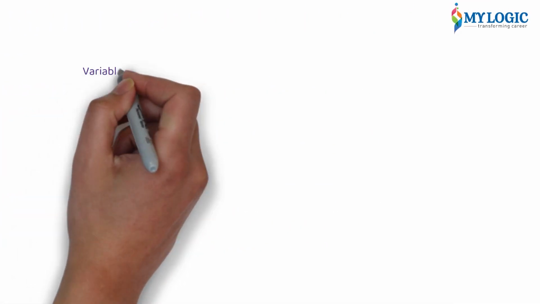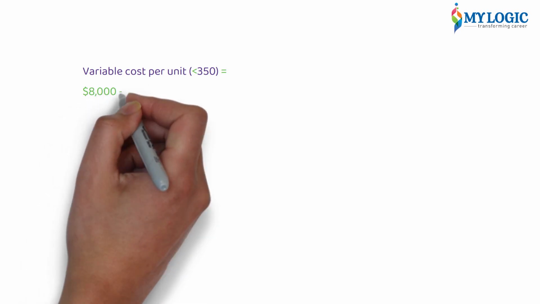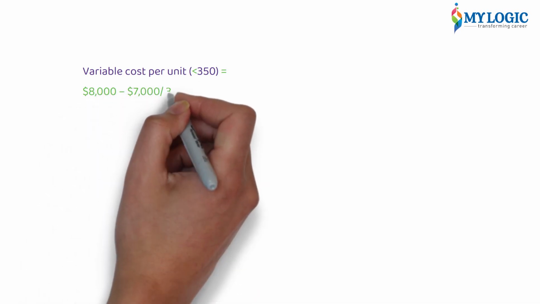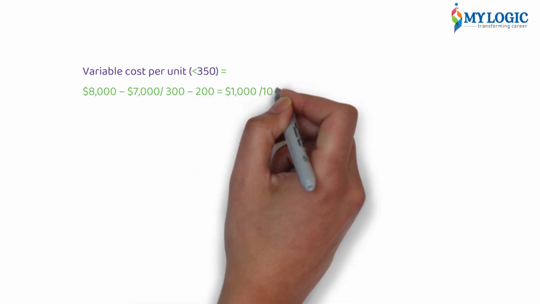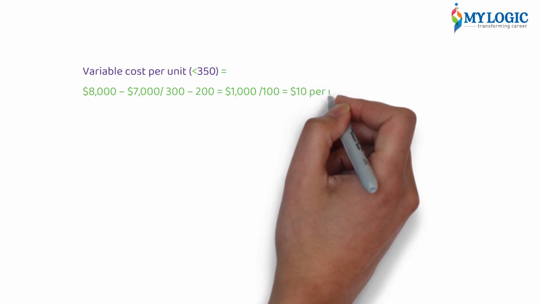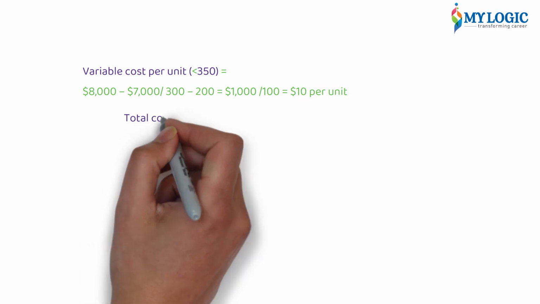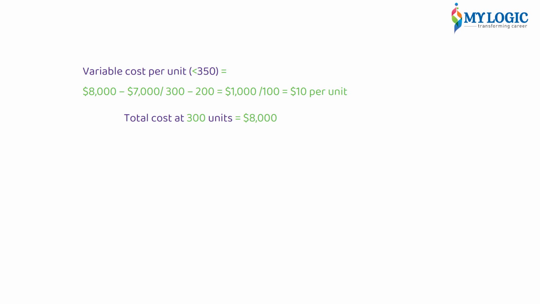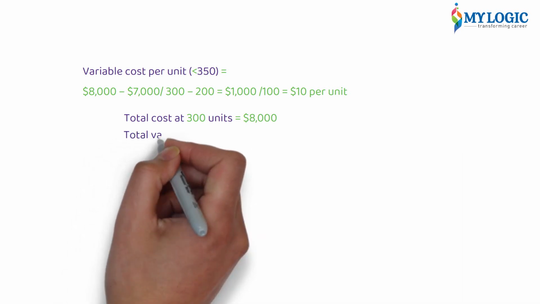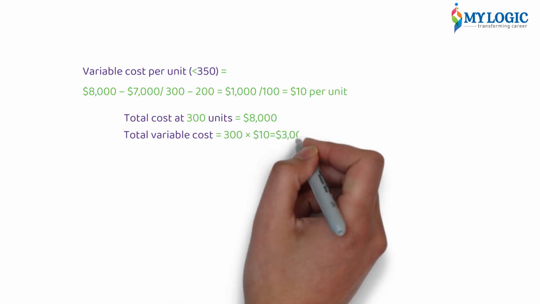Solution. Variable cost per unit below 350 is equal to $8,000 minus $7,000 divided by 300 minus 200, which is equal to $1,000 divided by 100, which is equal to $10 per unit. Total cost at 300 units is equal to $8,000. Total variable cost is equal to 300 multiplied by $10, which is equal to $3,000.